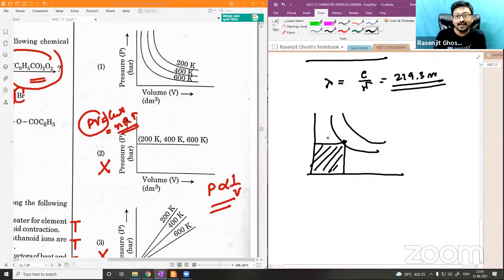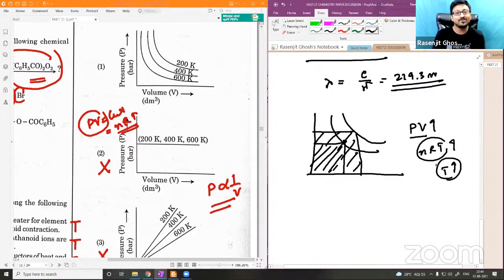If you go to the next graph, it will again increase the area. So it is increasing the pressure into volume, which means it is increasing nRT, which means it is increasing the temperature. So if you increase the temperature, the graph is going to be higher.